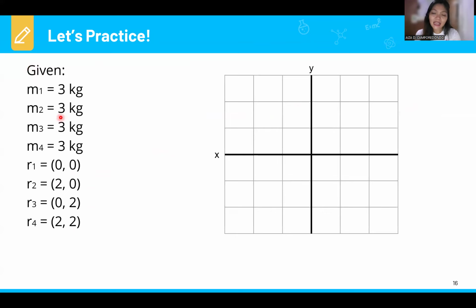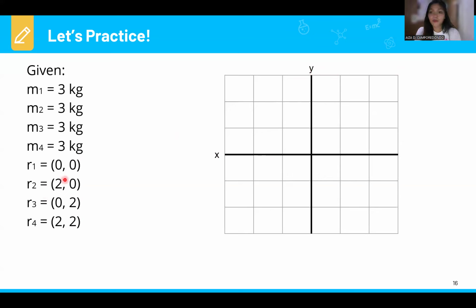Okay, we have here the list of the given values and the coordinates of those particles. And since we are given the coordinates, we need to draw a graph. Okay, so here's the graph. The x is on the horizontal axis and the y is on the vertical axis.